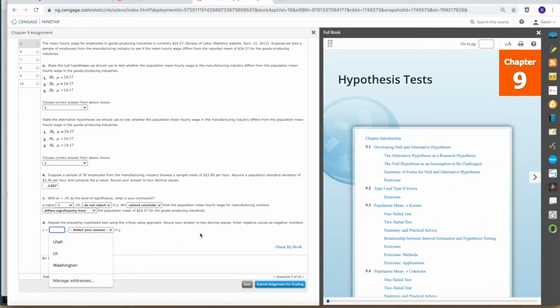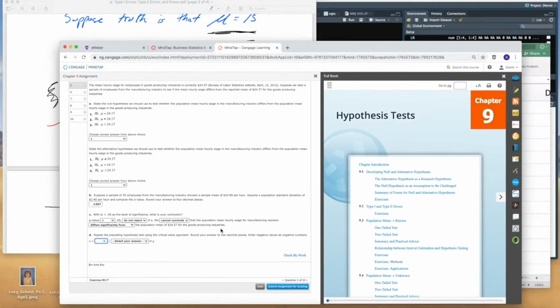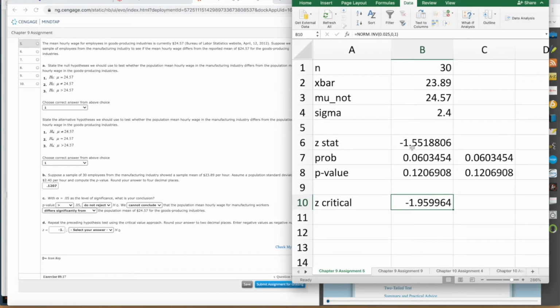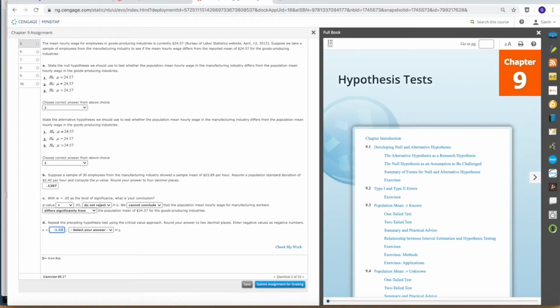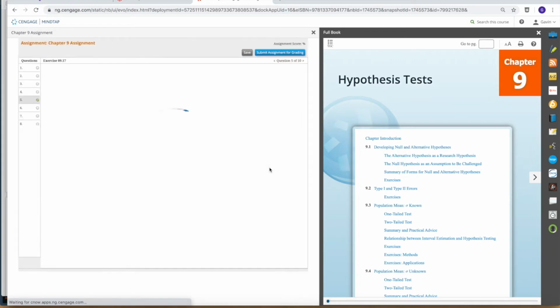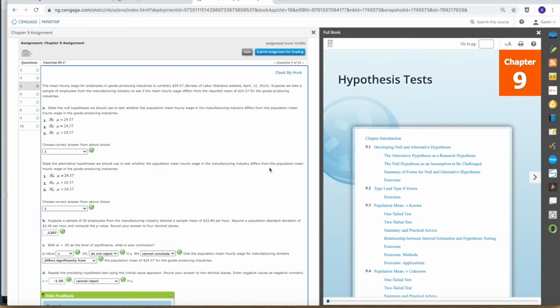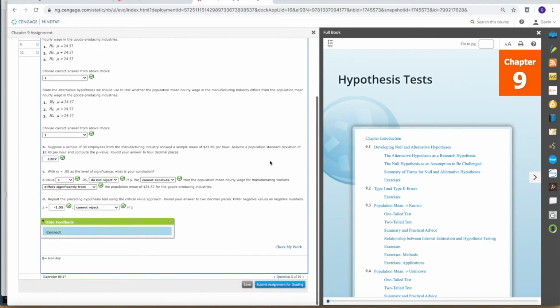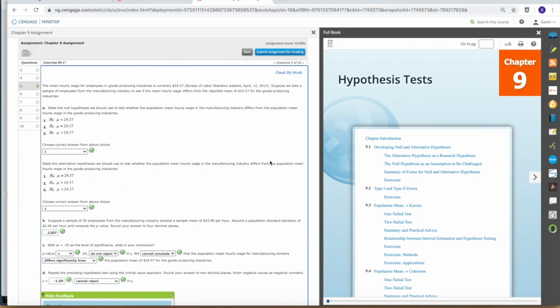So here it wants 2 decimals, negative 1.55. And we cannot reject H0. These p-value approach and critical value approach will always give you the same conclusion. And it looks like those calculations worked out. Green means good to go.